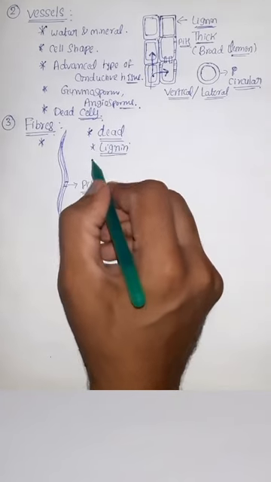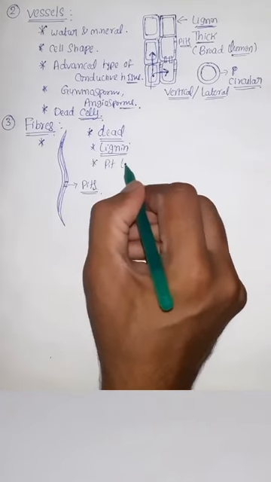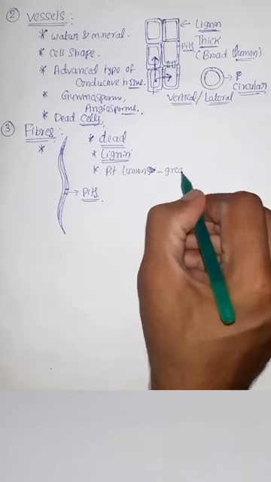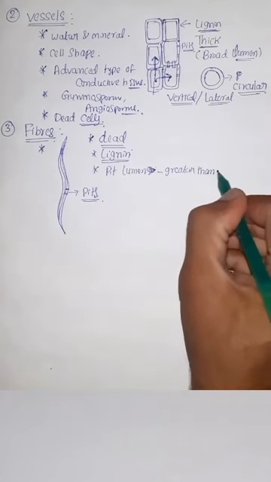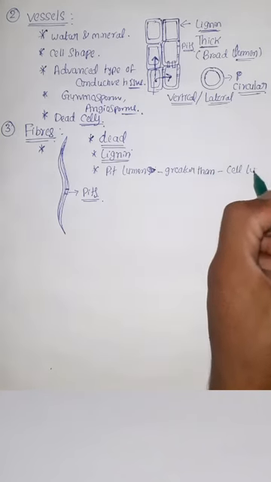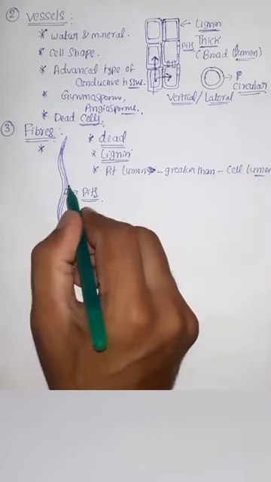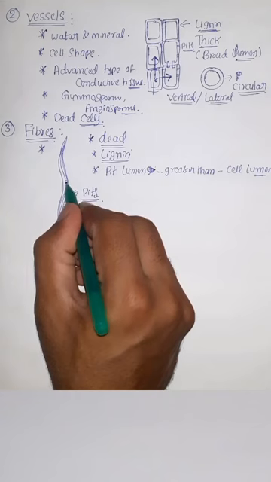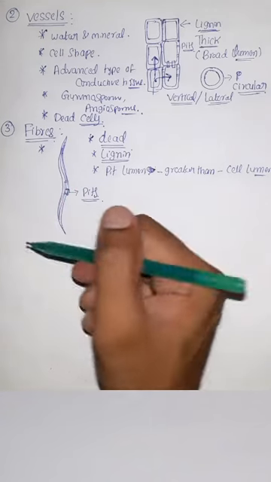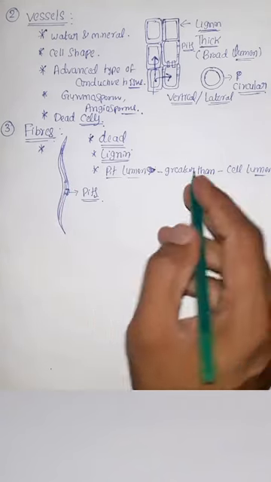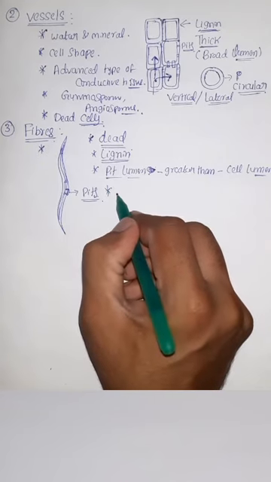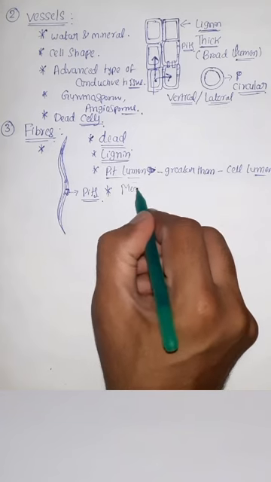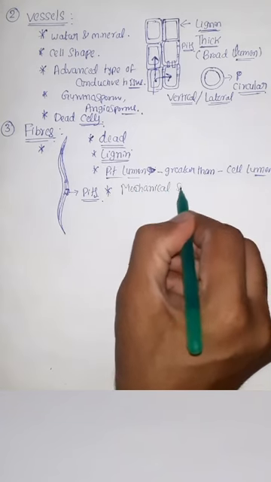One more interesting thing is that the pit lumen is greater than the cell lumen, meaning the pit lumen is wider than the lumen of the cells. It is a very important point. Next, fibers are useful for mechanical support.